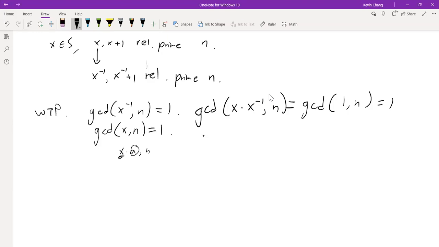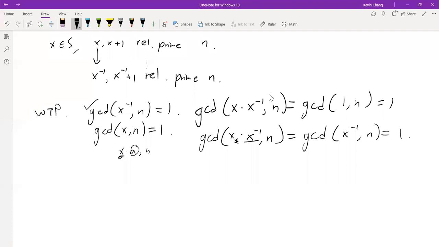So in this case, the GCD of x times x to the minus 1 comma n, because we're multiplying x by x to the minus 1, the only possible divisors that these share have to come from the x to the minus 1. So this is going to be equal to GCD of x to the minus 1 comma n. And because we have this equation above, we know that therefore the GCD of x to the minus 1 comma n is going to be equal to 1. So therefore we have just proven that this is the case.